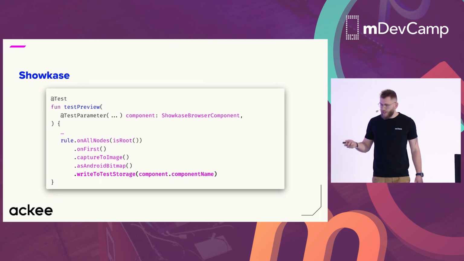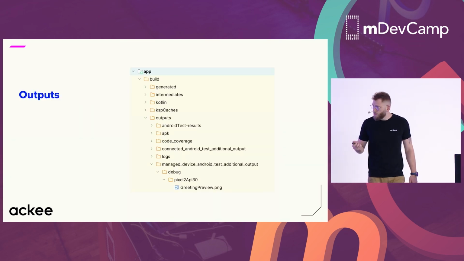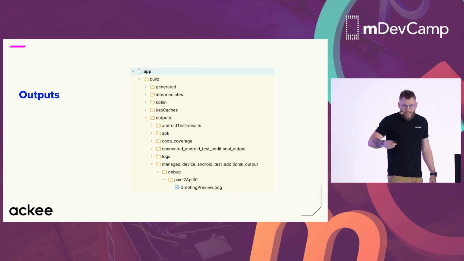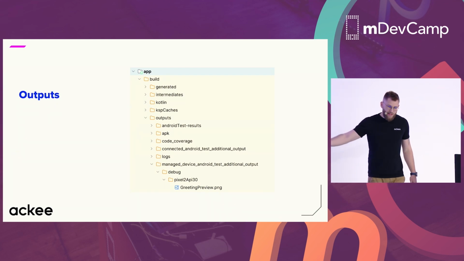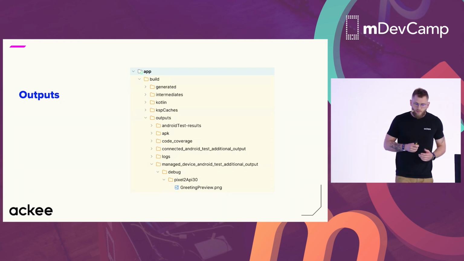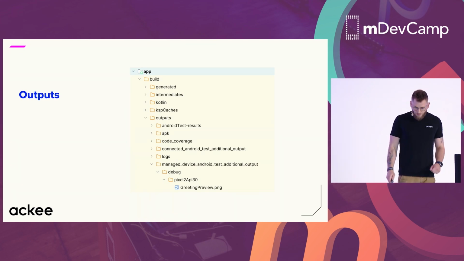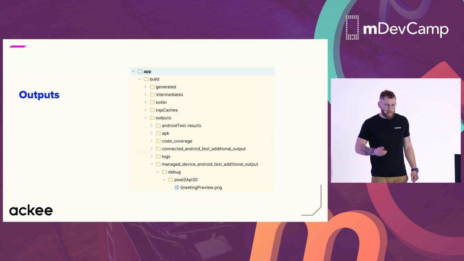The single change I needed to make was to write the image to the test storage. Just after doing this, when I ran my UI test, I could find the screenshot in my project folder deep down in the build folder.